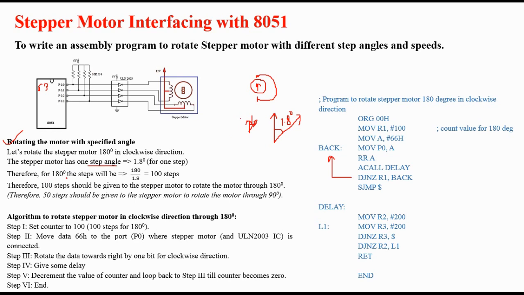So therefore, for 180 degree, the steps will be 180 divided by 1.8. You will get 100 steps. Last time, while studying the introductory points of the stepper motor, we know that the stepper motor is a 200 steps motor.